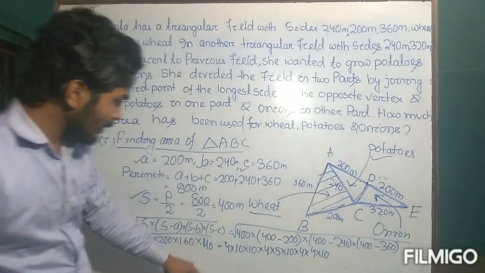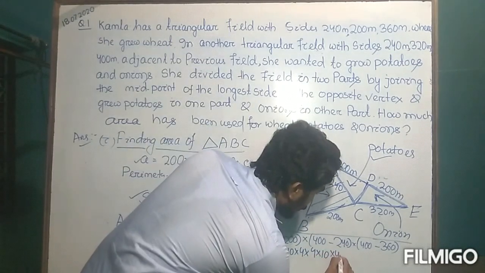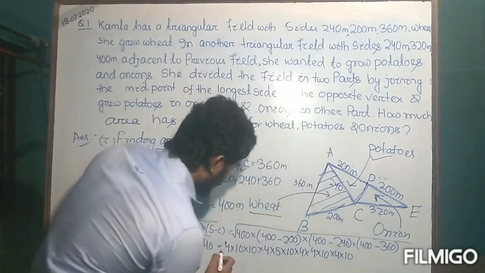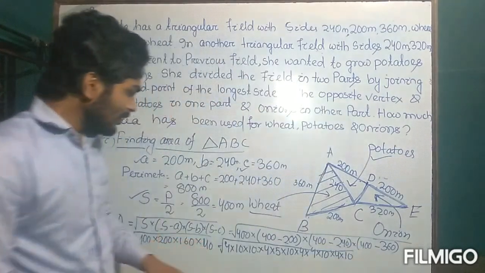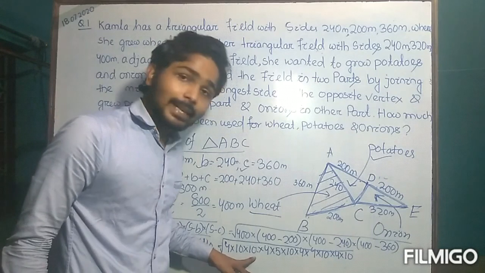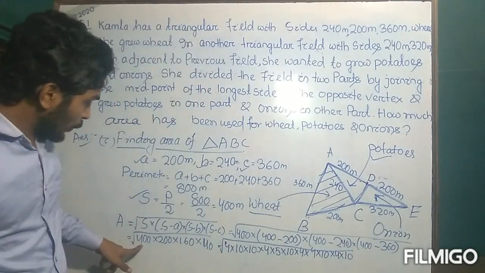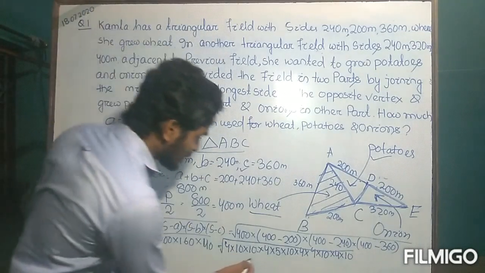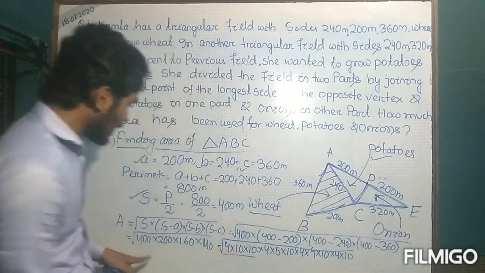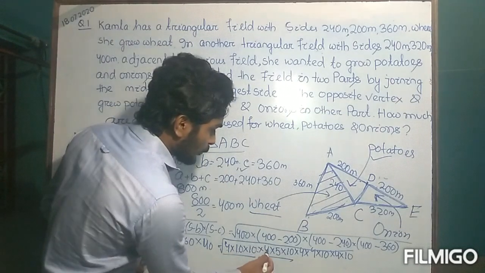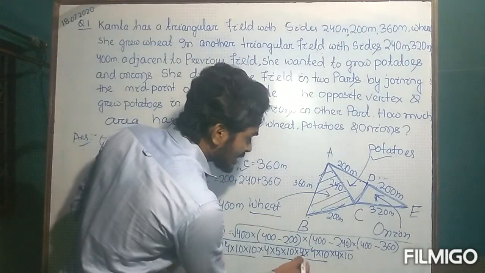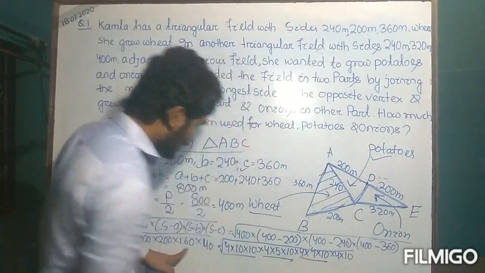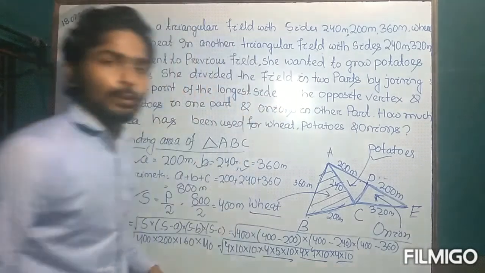And this 40 can be written as 4 into 10. You can also factorize it differently, but for my convenience I factorize in terms of 10.